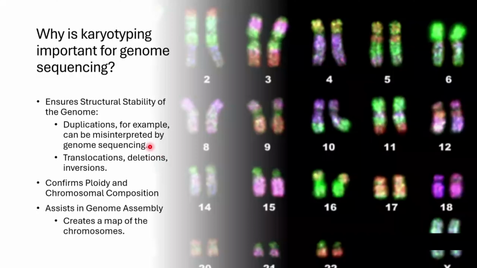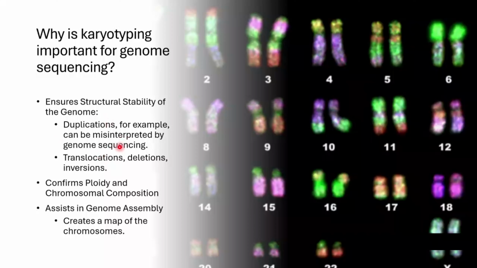And then you have translocations, where I have a sequence of DNA on a certain chromosome, but the sample I took is from a person with some sort of disease where a translocation happened. Then you need karyotyping to be able to say that this part for this person went there. So this is why karyotyping is quite important.